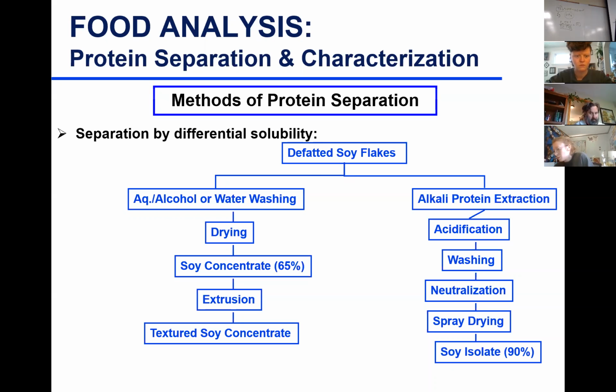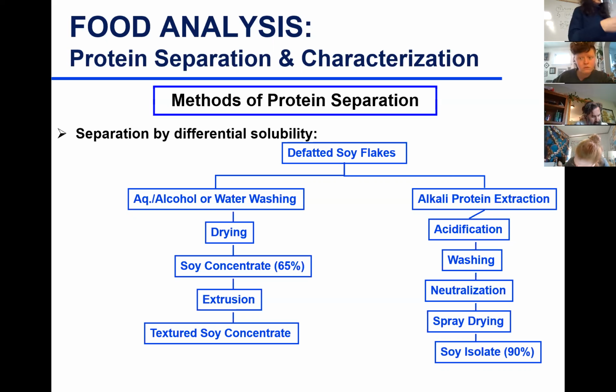Now, the isolate production, where protein concentration is above 90%. You take that defatted flour and solubilize the protein at alkaline pH, 7.5, 8, 8.5. So the proteins, sugars, and other soluble fibers are solubilized and insoluble fiber is precipitated.